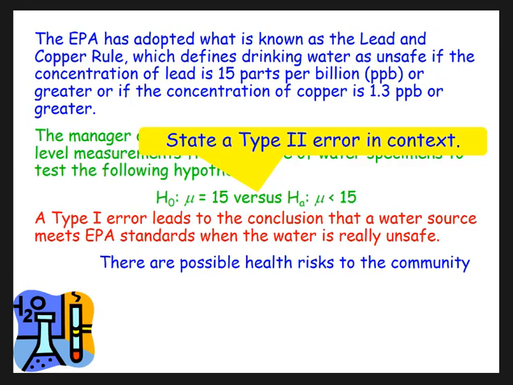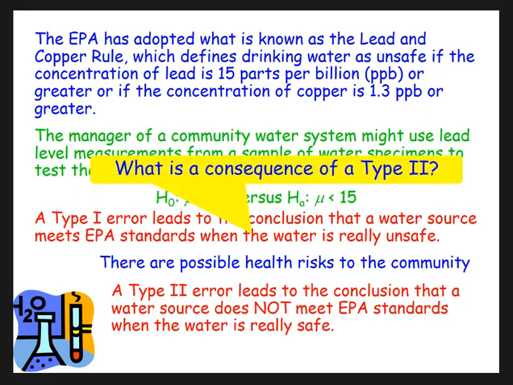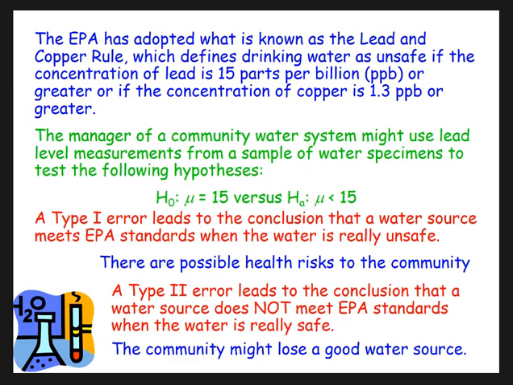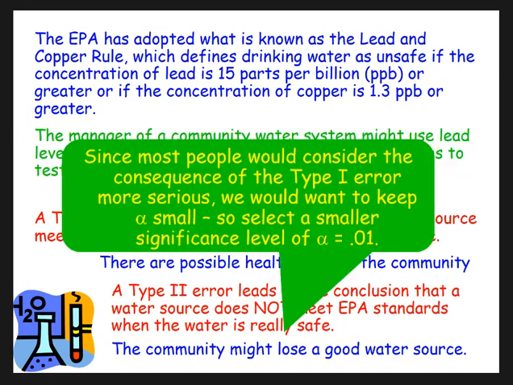It costs us extra money, but it doesn't hurt our health. So the type 2 error is not that dangerous. It's not that huge of a deal. You'll lose a good water source, but you're getting a safer one. Again, it's just costing more money, really, is the consequence there. So the type 1 error is definitely the more serious consequence here. So we want alpha to be very small. So we might choose alpha to be 0.01.